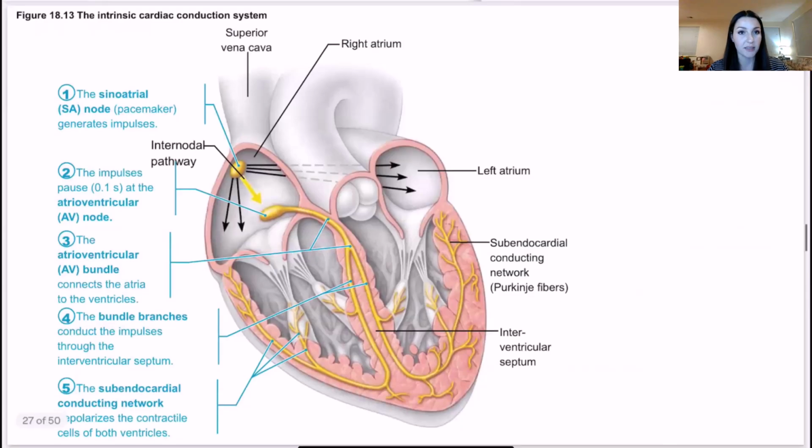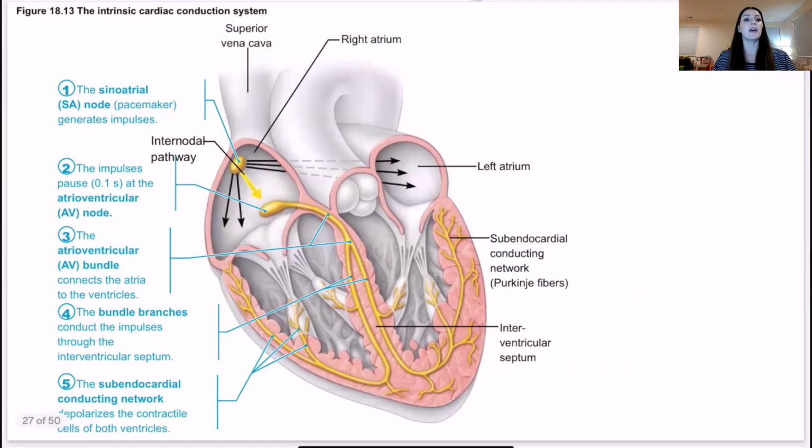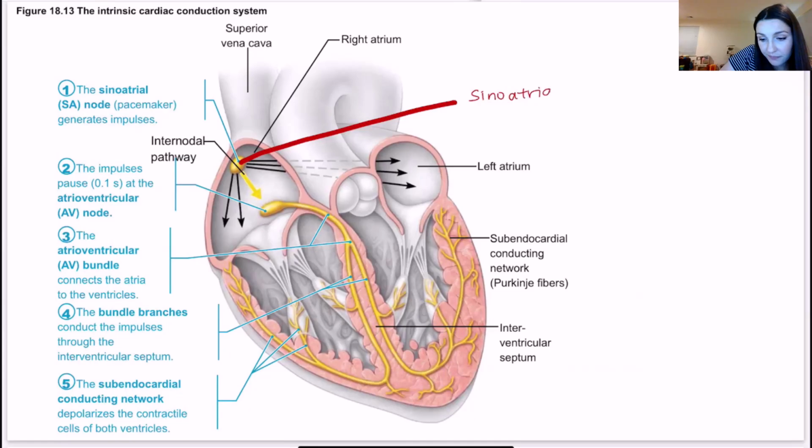So what does this look like in the heart cells? Our pacemaker cells have special areas that they like to live. The first area is this place called the SA node. I'll write it to the side here. That's the sinoatrial or SA node.